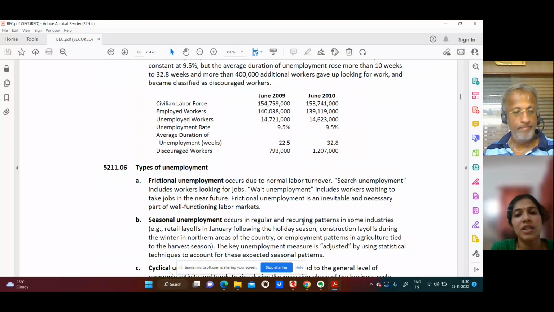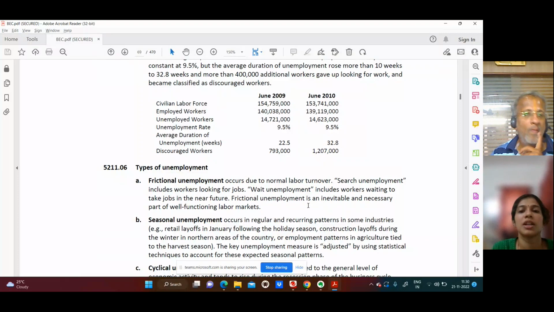This concept, as in the CPA examination, and this course itself, is for you to understand the concept, right? They could give you options saying that frictional unemployment is avoidable if the government takes measures, or they'll give you four options and try to test your understanding of the concept.